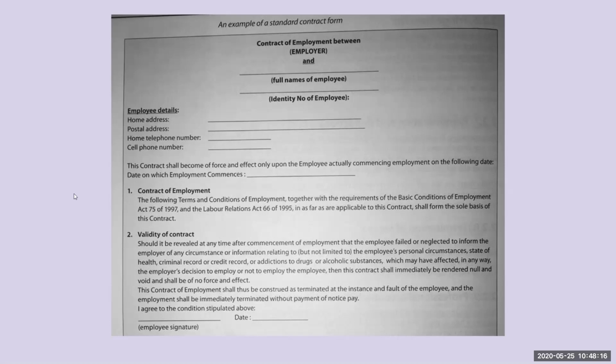Then at number 2, we have the validity of the contract. So that means the cases whereupon this contract will be declared invalid, or things that are required to make it valid.